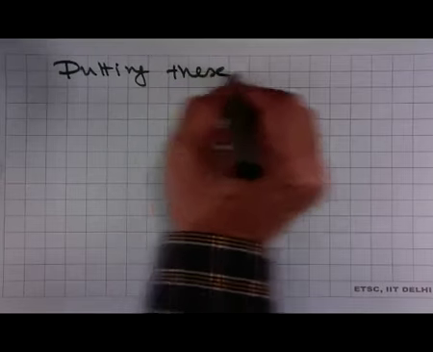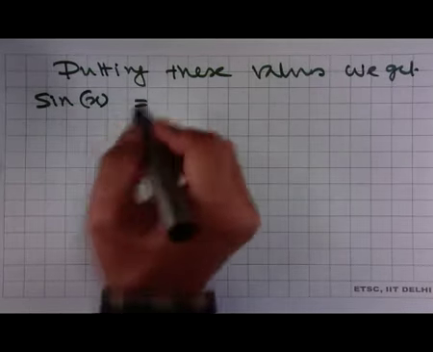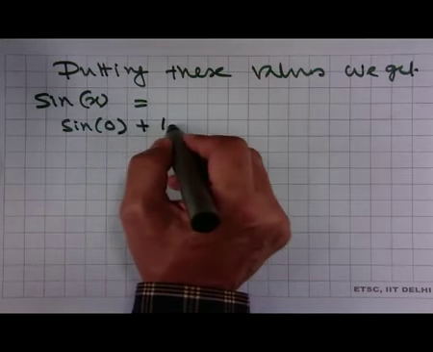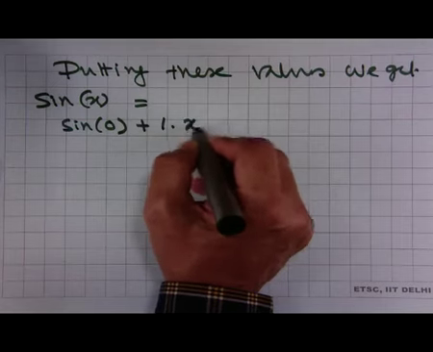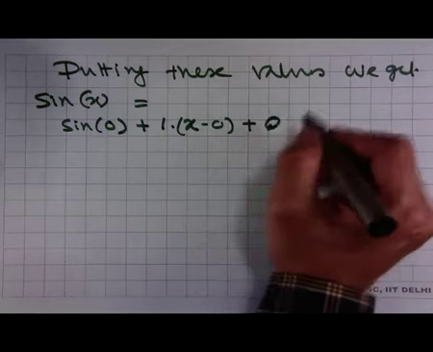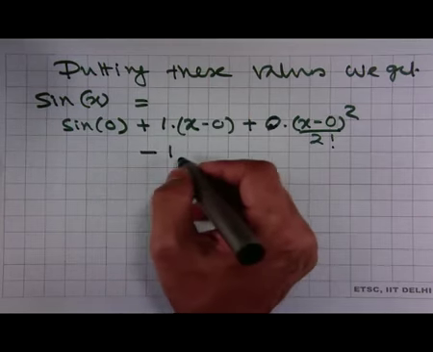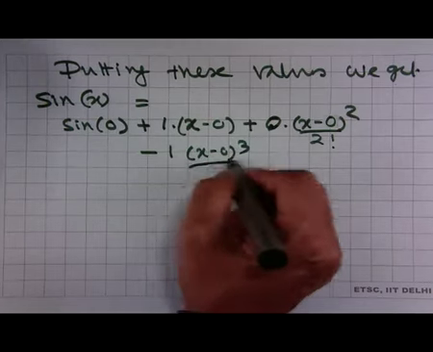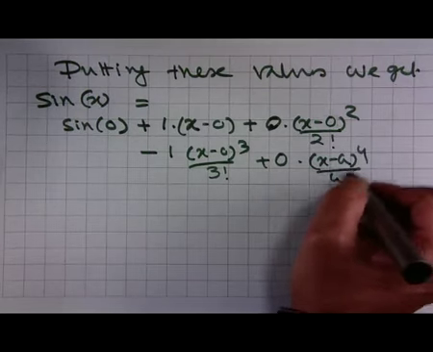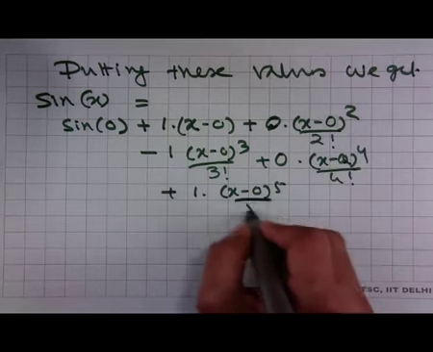Putting these values, we get sin x is equal to sin 0 plus 1 times (x minus 0) plus 0 times (x minus 0) whole square upon factorial 2 minus 1 times (x minus 0) whole cube upon factorial 3 plus 0 times (x minus 0) to the power 4 upon factorial 4 plus 1 times (x minus 0) whole 5 upon factorial 5.